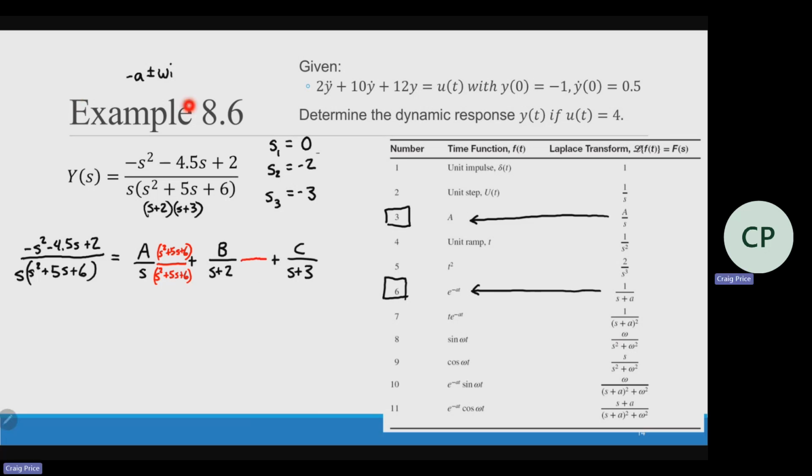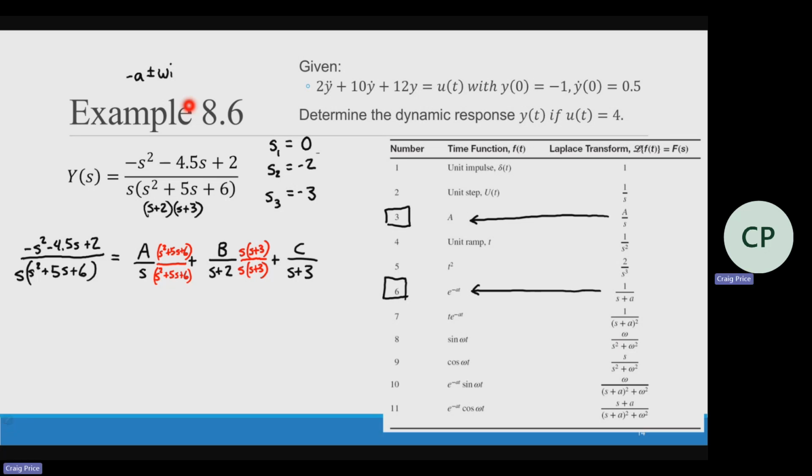And then for b over s plus 2, I have my s plus 2 root. What do I need to multiply b by? It'll be s times s plus 3. So now, so far, this has the same denominator.